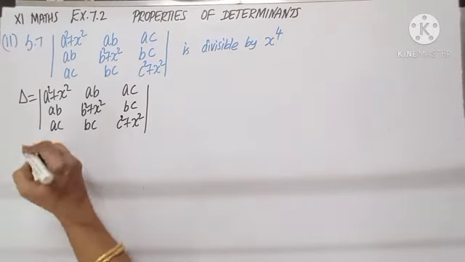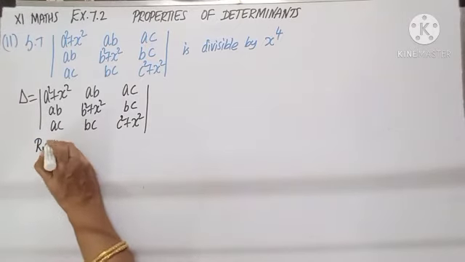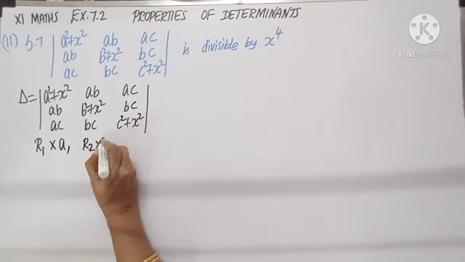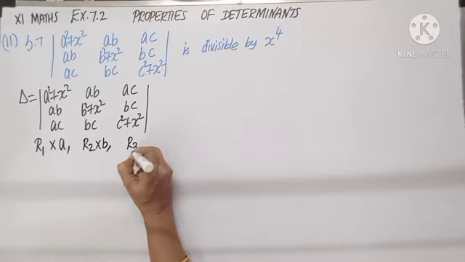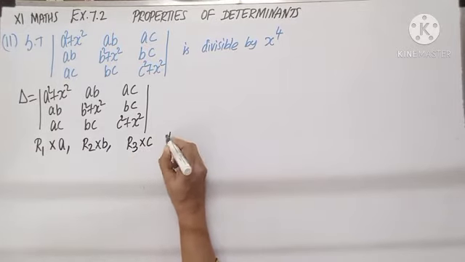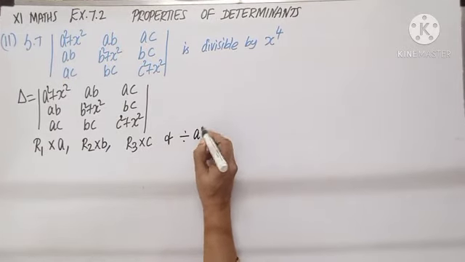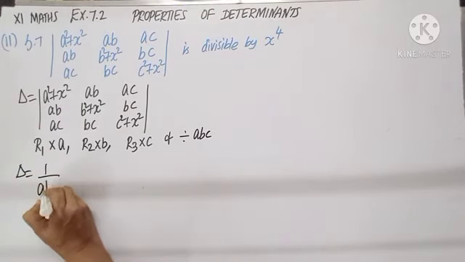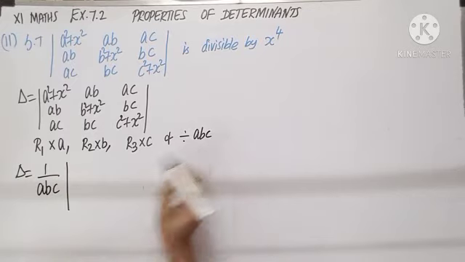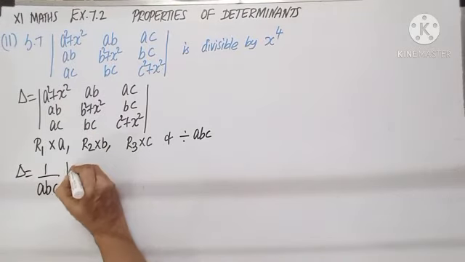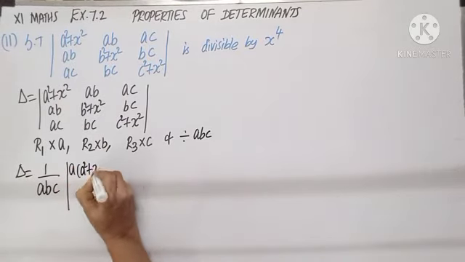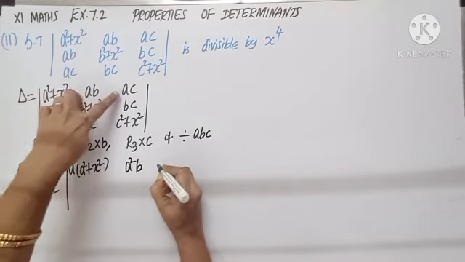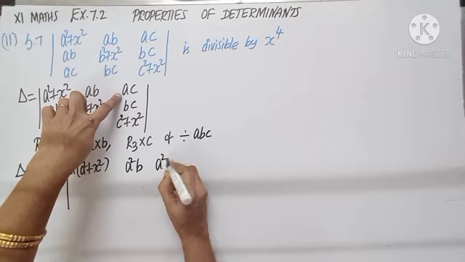So, to ease, we are writing R1 multiplied by A, R2 multiplied by B, R3 multiplied by C and divide by ABC. So, del becomes 1 by ABC. Multiply R1: A into A square plus X square, A into B, A into AC.